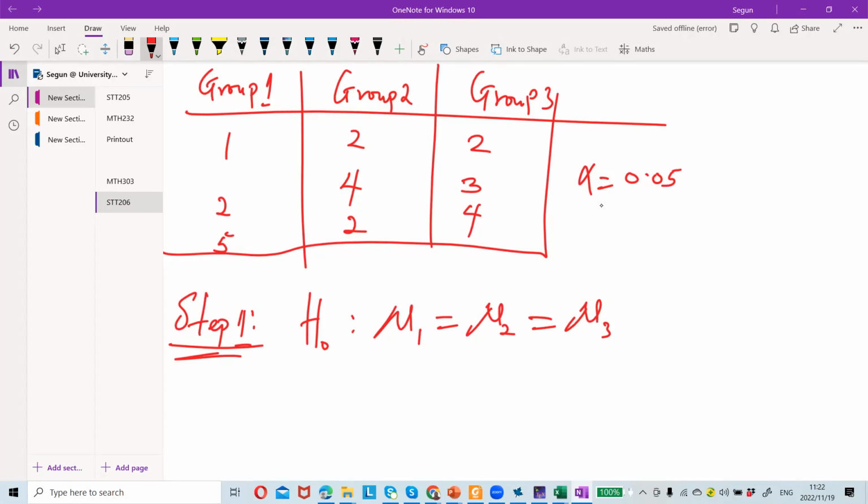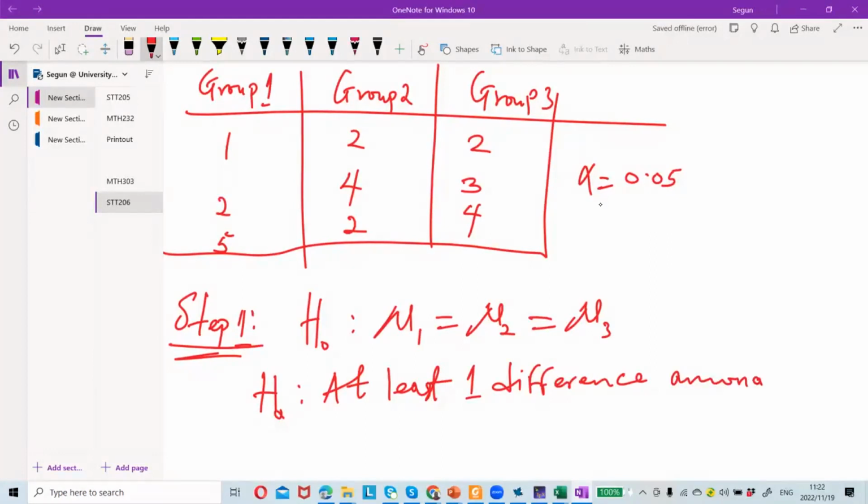So what is the alternative hypothesis in this case? The alternative hypothesis says there is at least one difference among the means. At least one difference among the means. Are you getting it?